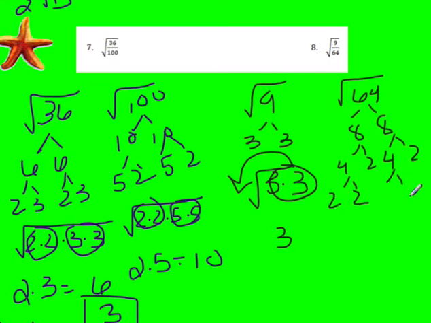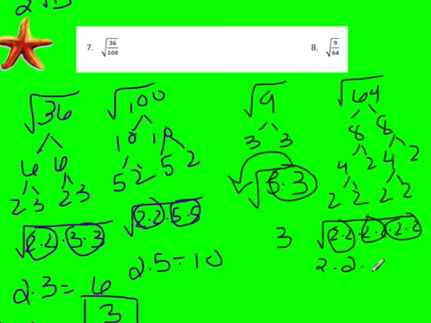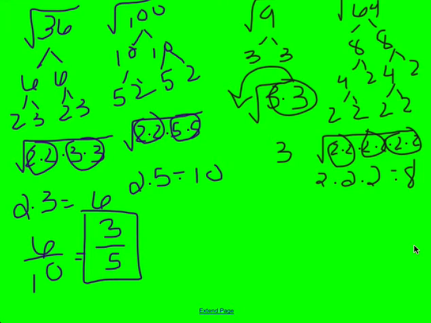So underneath my radical, I'm going to have 2 times 2 times 2 times 2 times 2 times 2. So I end up getting 3 pairs of 2's, which means I can take them all out and multiply them. Well, 2 times 2 times 2 is just 8. And remember, the radical went away because everything's simplified. So the top of my fraction ended up being 3, and the bottom ended up being 8. We can't reduce the fraction 3 over 8 anymore, so that is our final answer.